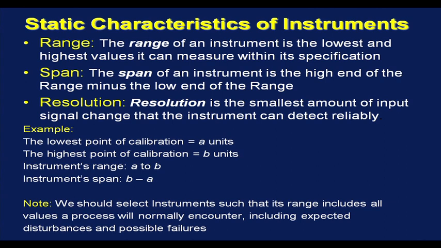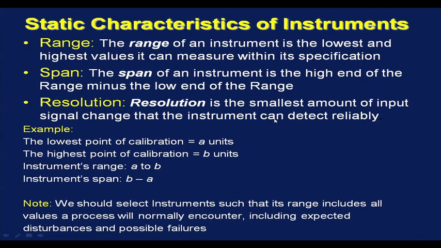So, if I have an instrument where the lowest point of calibration is A units and the highest point of calibration is B units, then the instrument's range is A to B, the lowest point of calibration to the highest point of calibration, and the instrument span is B minus A. So, highest point of calibration minus lowest point of calibration.